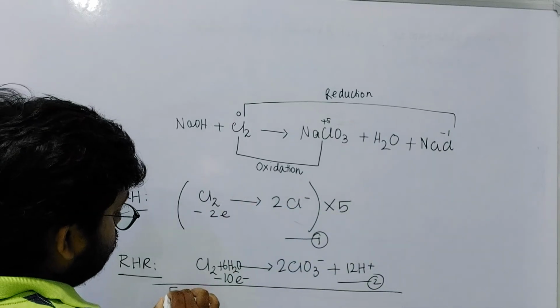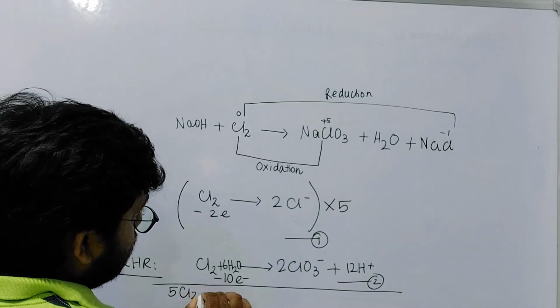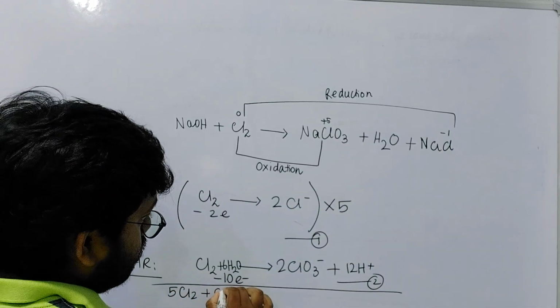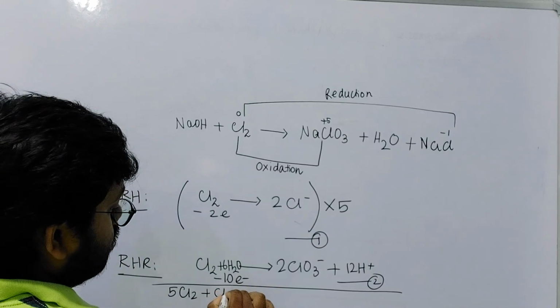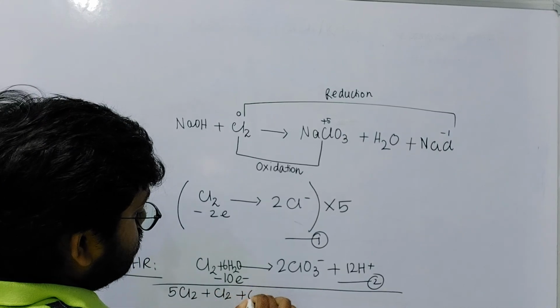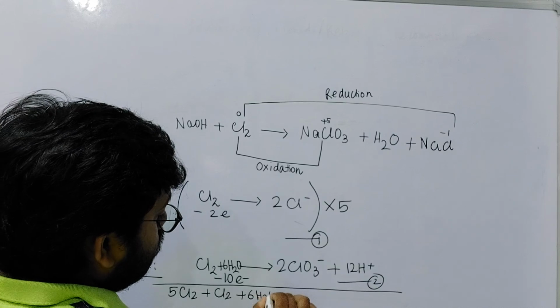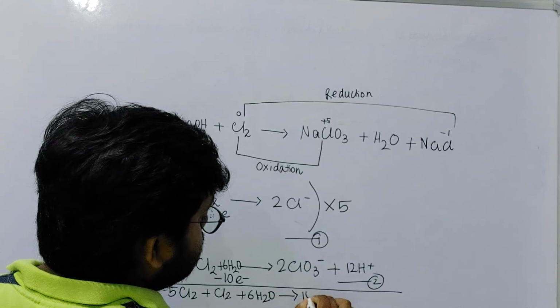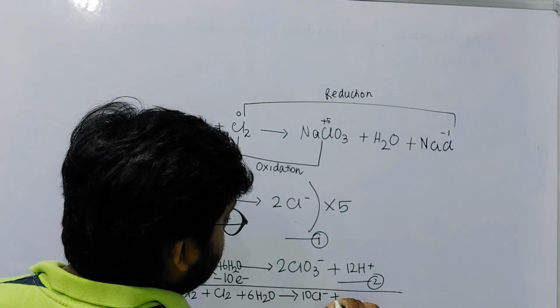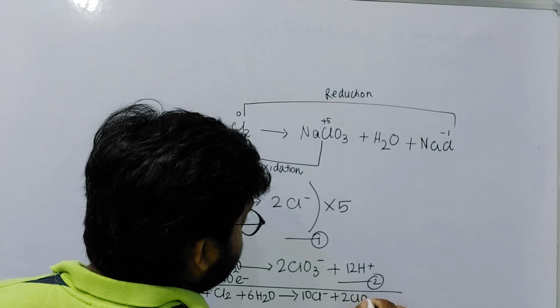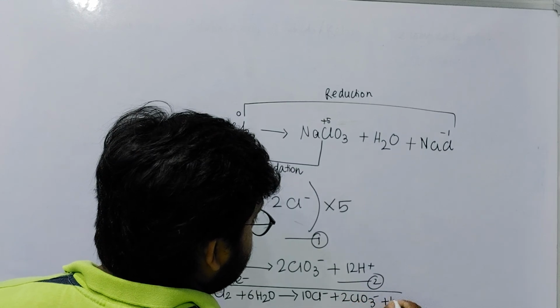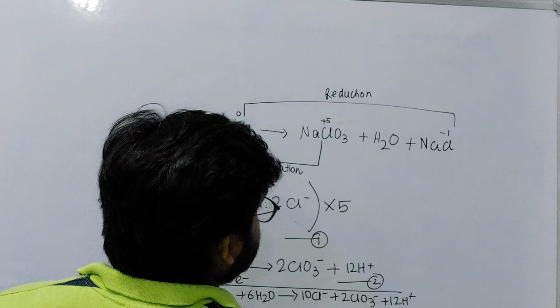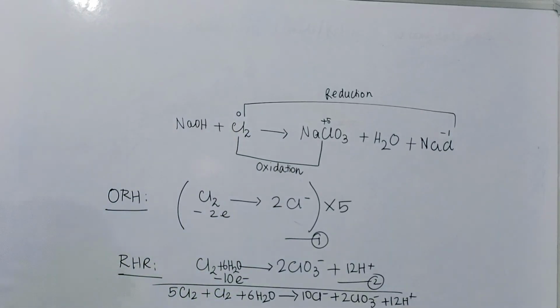So 5Cl2 plus Cl2 plus 6H2O will give you 10 Cl minus plus 2 ClO3 minus plus 12 H plus. So now obviously we need to add these two.